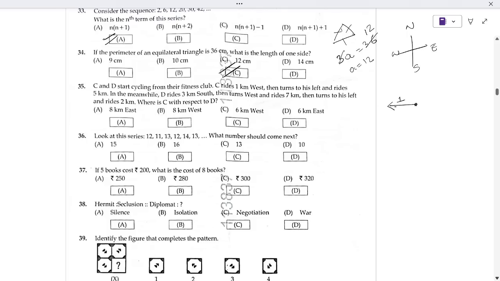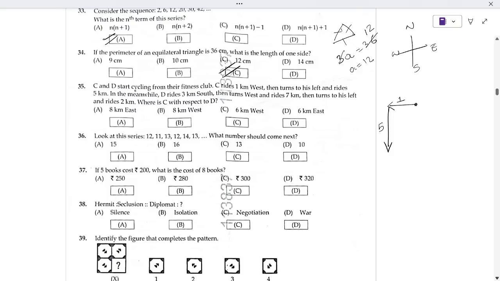Left means if the direction is west, left will be downward. That means left, and rides 5 kilometers. In the meanwhile, D rides 3 kilometers south, and turns west and rides 7 kilometers. Then turns to his left and rides 2 kilometers. Where is C with respect to D?